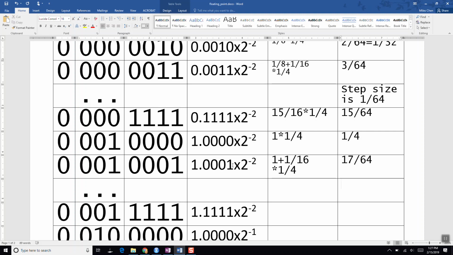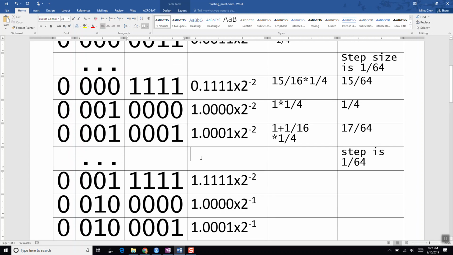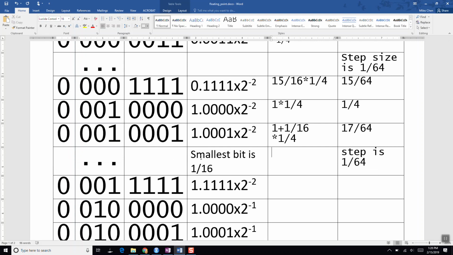So here my step size is still 1/64. If we think about why my step size is 1/64, the smallest bit is 1/16, and my exponent is basically 1/4, and so when I do 1/16 times 1/4, I'm getting increments of 1/64. And so that's what's going on.